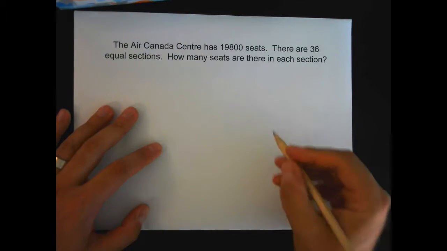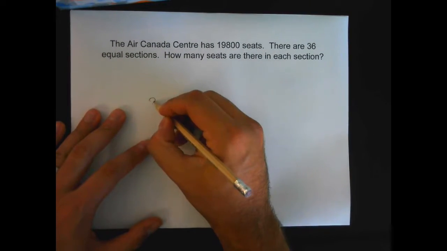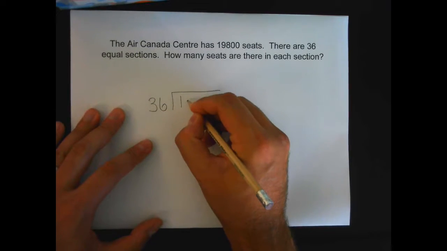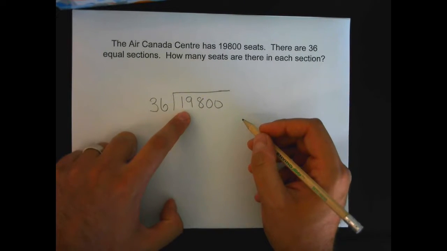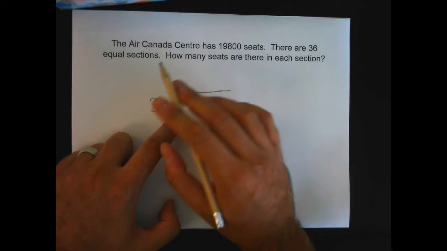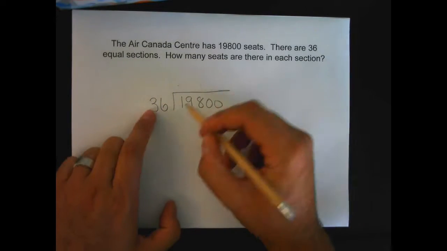I'm going to show you the steps they took. So what that group did, and I saw most of you did this anyways: 19,800 divided by 36. 36 cannot fit into 1. You can put a 0 or leave it blank, because I saw some of you put the answer over here. Your place values are wrong if you put the answer here.